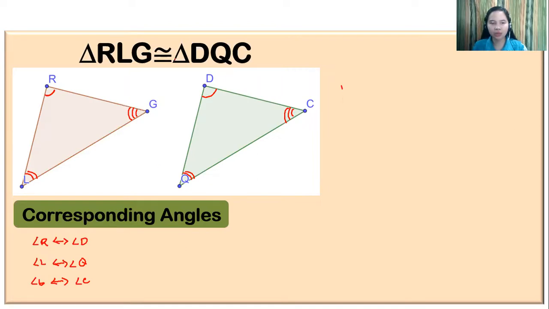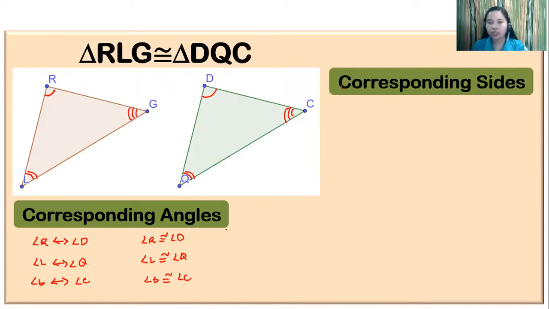Since the two triangles are congruent, we can conclude that angle R is congruent to angle D, angle L is congruent to angle Q, and angle G is congruent to angle C. So these are the corresponding angles.